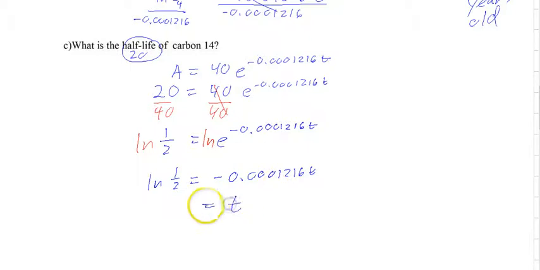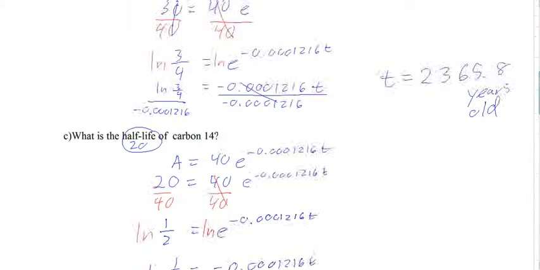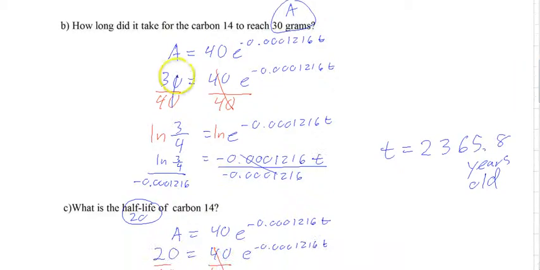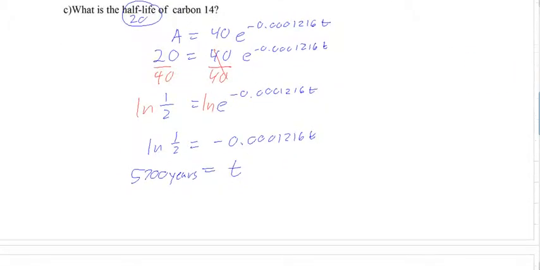And then dividing, we get 5,700 years. So what this says is how long it takes to turn 40 into 20, how long it takes to half it. So just to go over this again, if you're given time, the t value, you plug it in, it'll tell you your a. If you're given your a, then you have to solve using this format. It's the same each time.